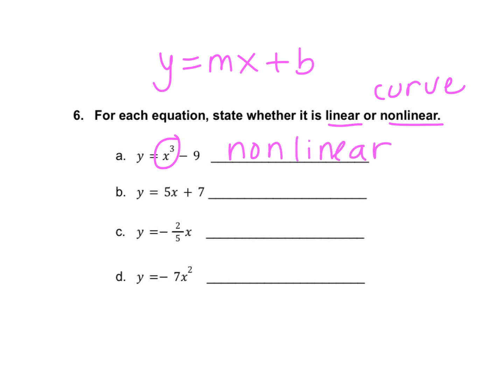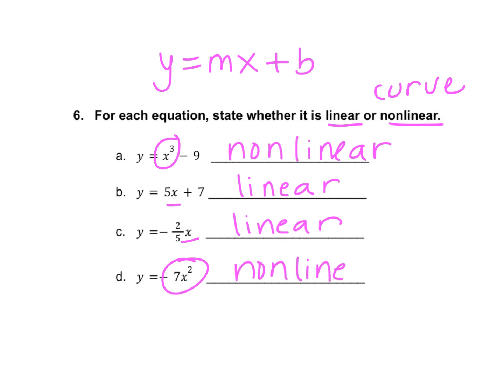So if it's in our regular y equals mx plus b form, it's linear. And even c is linear because the x is just a regular x. And then here I have an exponent with my variable of x, so that is nonlinear. So maybe think if you see an exponent, it's going to show exponential growth, which will curve.